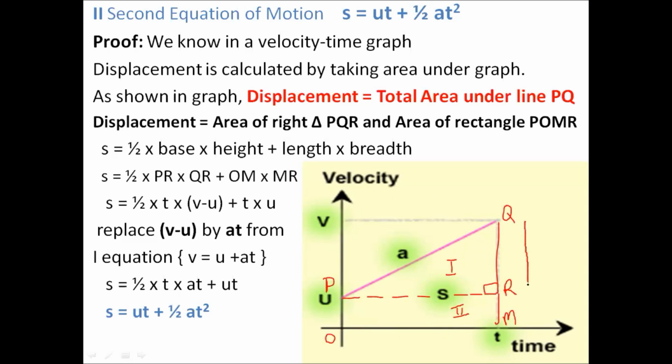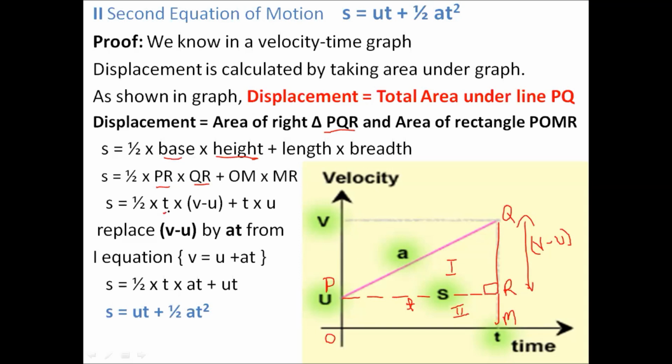We know QR is equal to V minus U and PR is equal to T. Thus, area of right triangle PQR will be half into base into height, that is half into PR into QR.